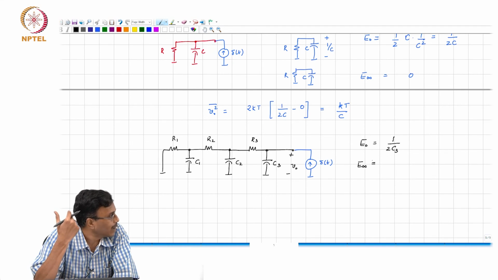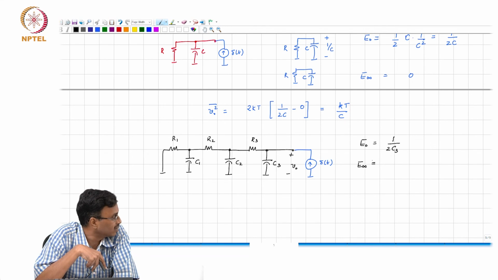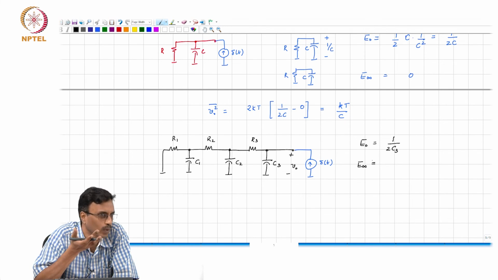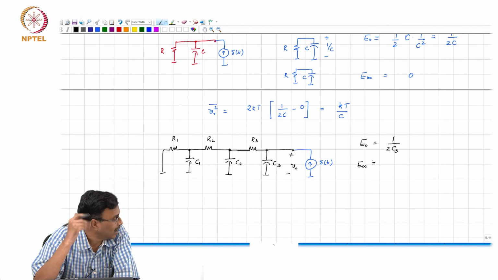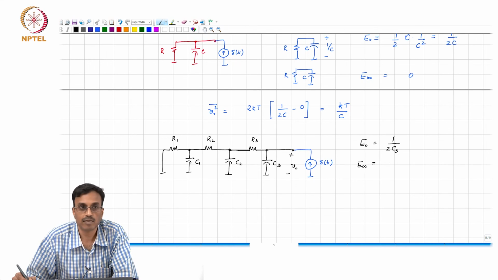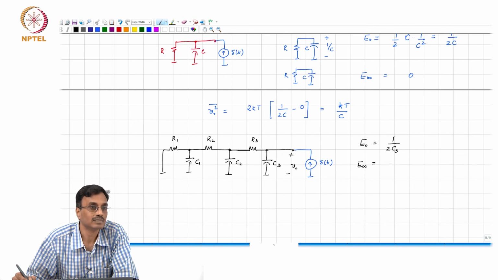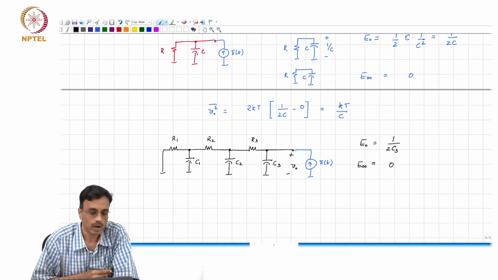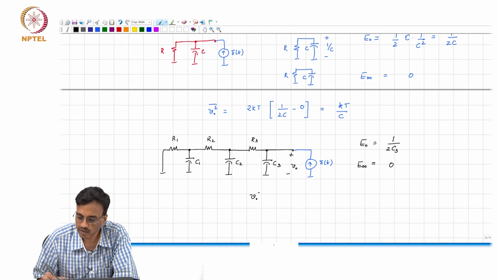After a long time what will happen? All the voltage across C3 will discharge through the resistors. What about the voltages across C2 and C1? At t equal to infinity, the steady state voltages across all the capacitors is 0. So, what is the energy at t equal to infinity? 0, alright.